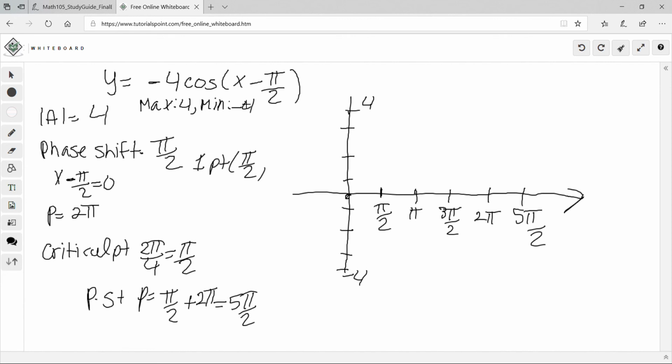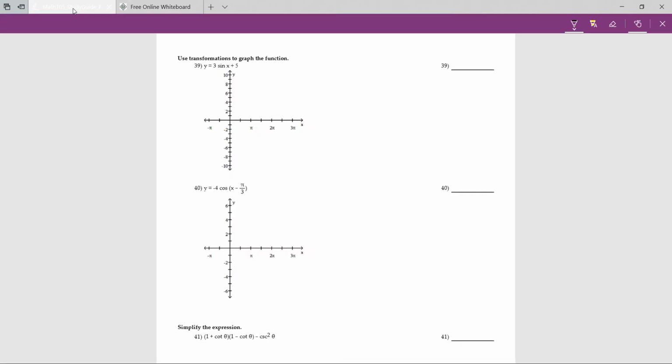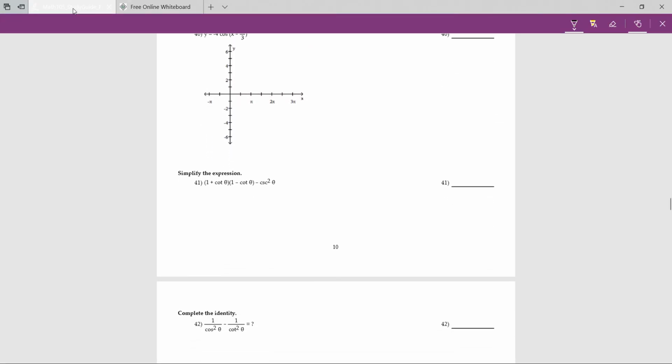Let's do 37. Let's do some trig stuff. So on 41, it says simplify the expression.